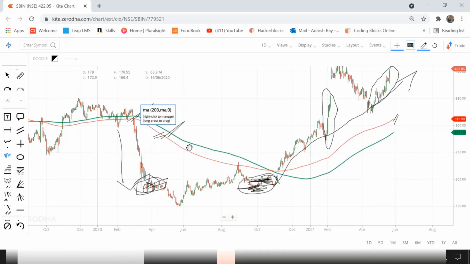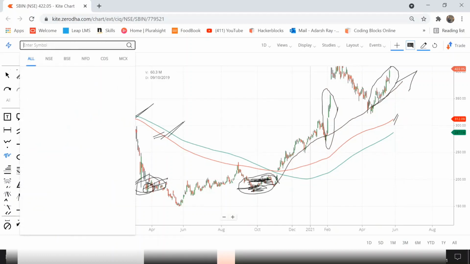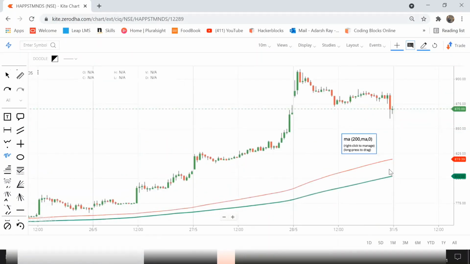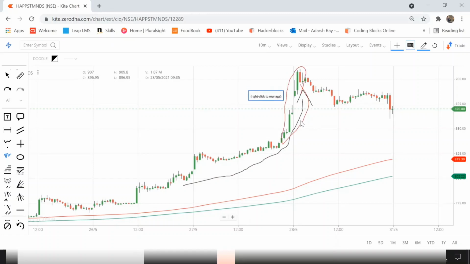I'm not saying this is the only example. We can take any other chart as well. So if you wish, you can take some other chart. Let's take the Happiest Minds chart. Here you will see that on the EMA the gap is again more. Why? Because here the price increased drastically upwards, so it took the price of the recent candles more, and that's why the price is above, right?